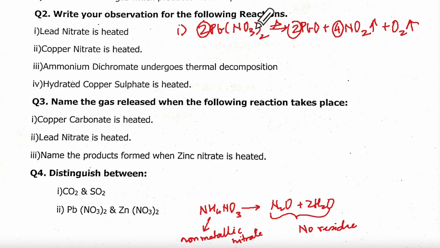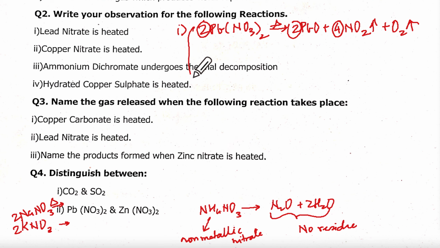All the other nitrates will give you 2 nitrates something, except on top of the reactivity series, where you'll have 2KNO3 give me 2KNO2 and O2, and 2NaNO3, which on heating will give me 2NaNO2 plus O2. So this is the revision of all the nitrates.